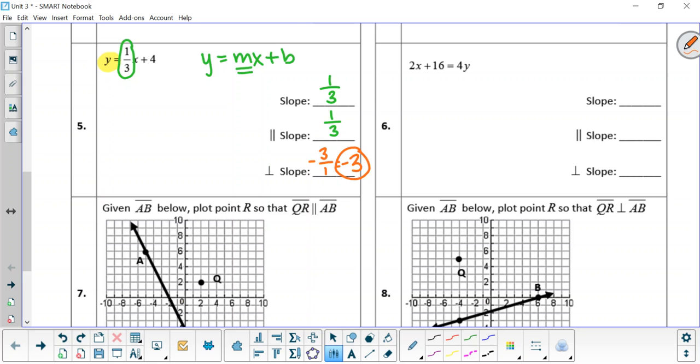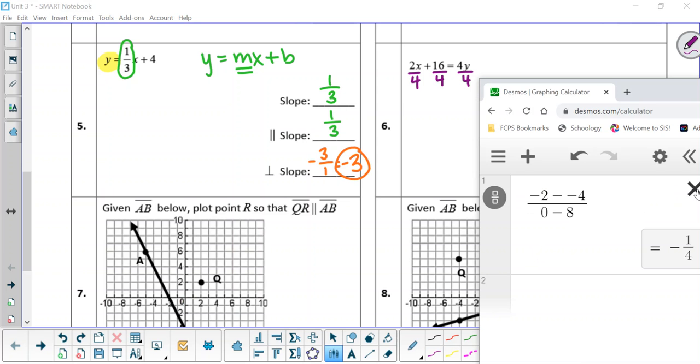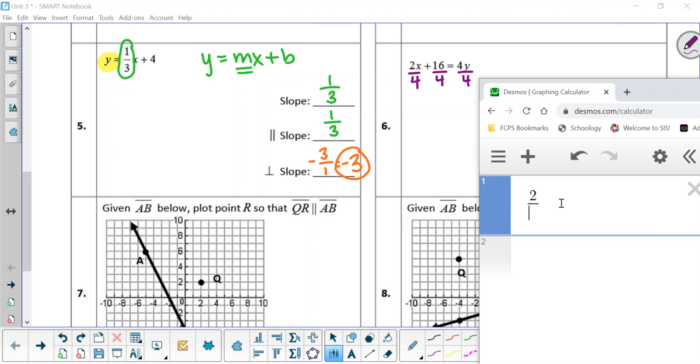For number 6, you see y is not by itself. We have this number 4. So to get rid of that number 4, we're going to divide everybody by 4. So when we do that, let's go to Desmos. If we do 2 divided by 4, again, we don't like decimals with slope, so it becomes 1/2.